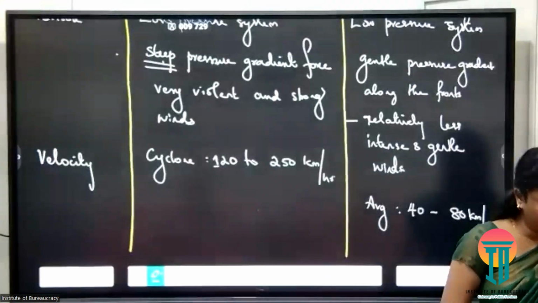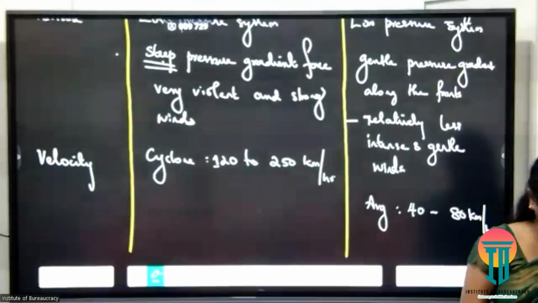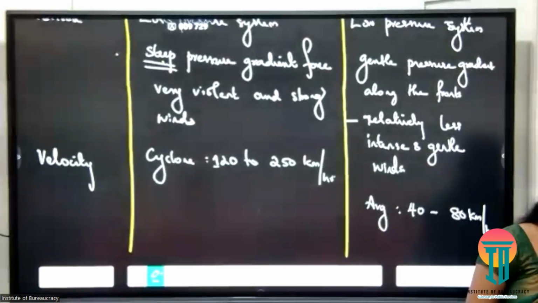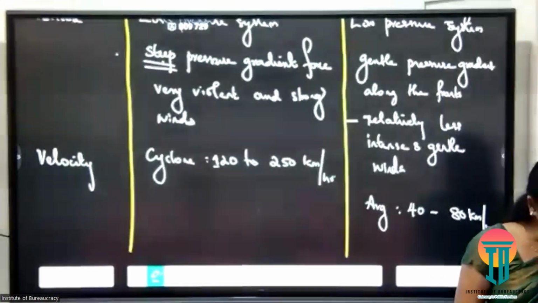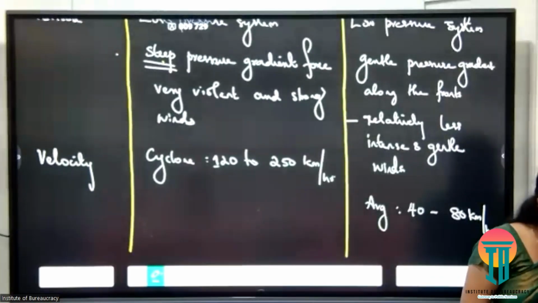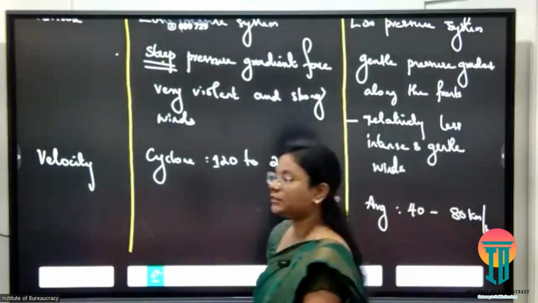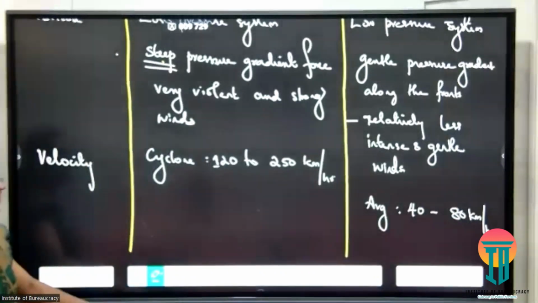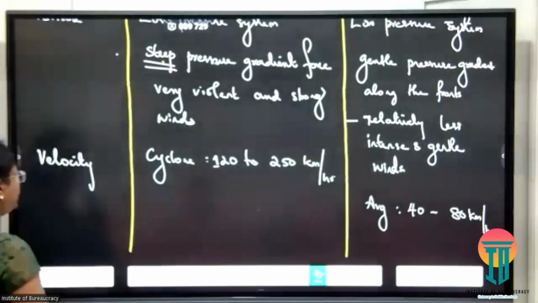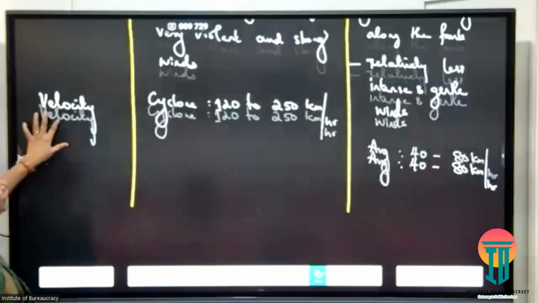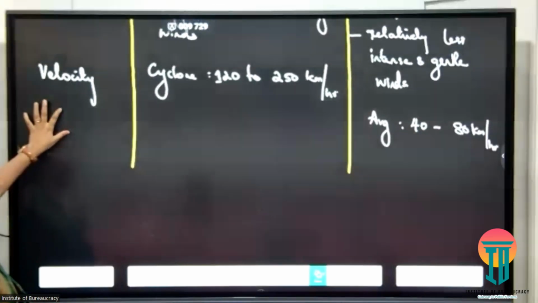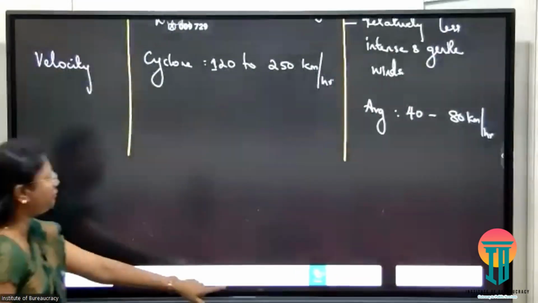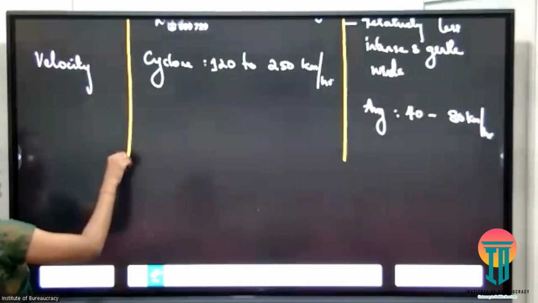Let me check the value once again. Okay, these are the velocity ranges. Next, the shape of isobars pathuma. Isobars pathachu, wind velocity. The next one is landfall.